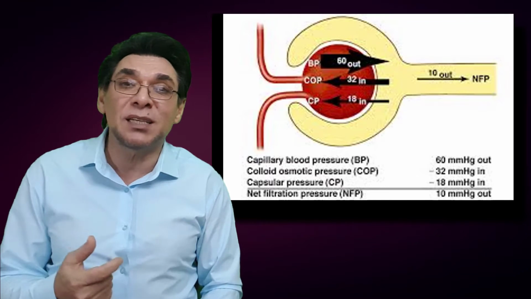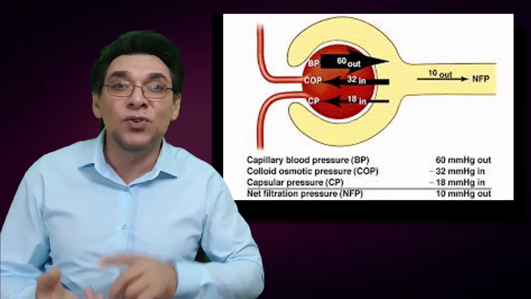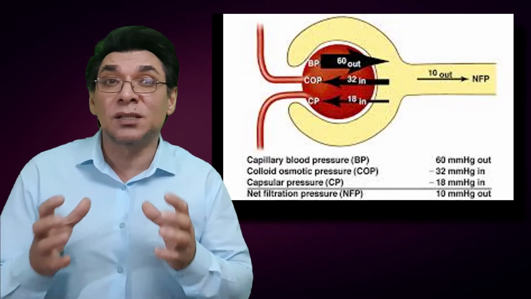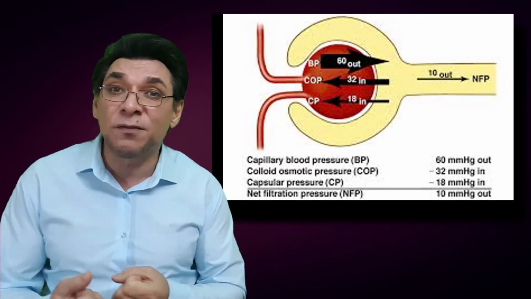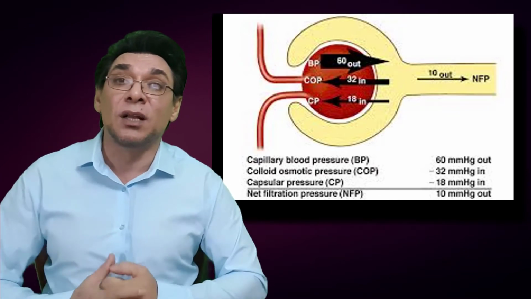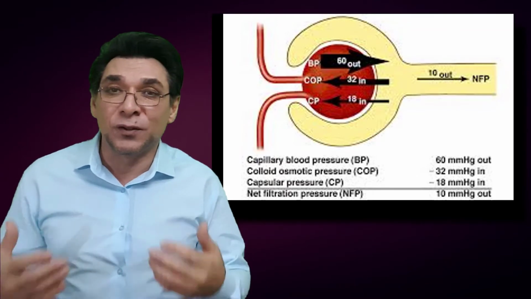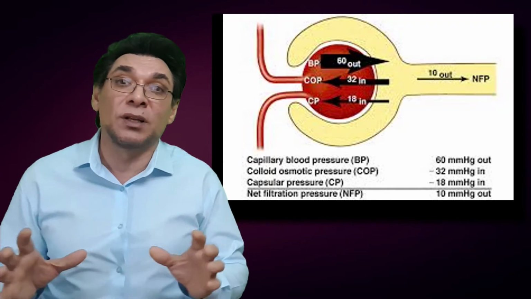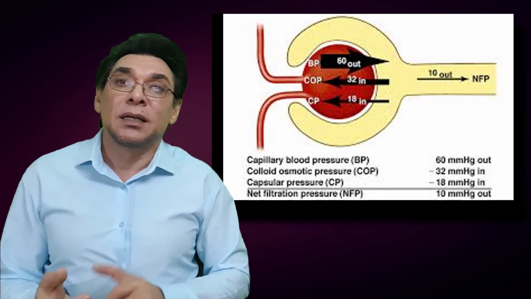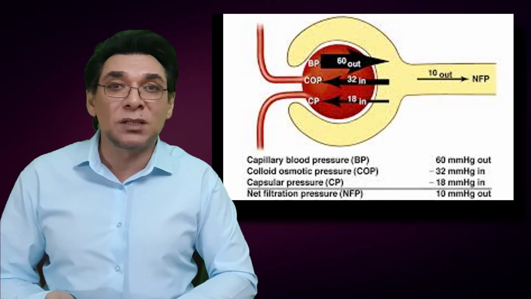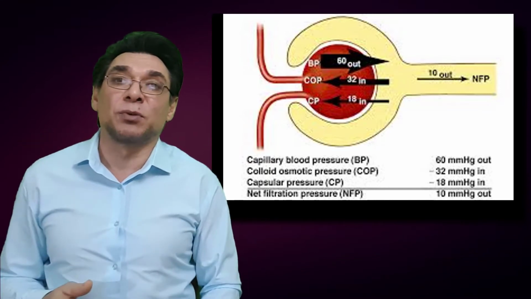Because most plasma proteins do not pass through the filtration membrane, they produce an osmotic pressure that favors fluid movement into the glomerular capillary from the Bowman capsule.